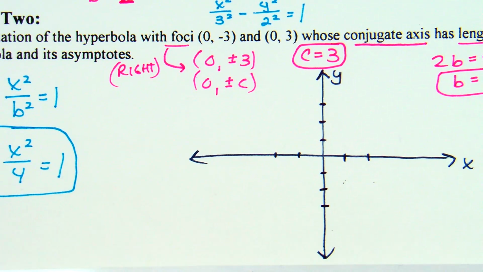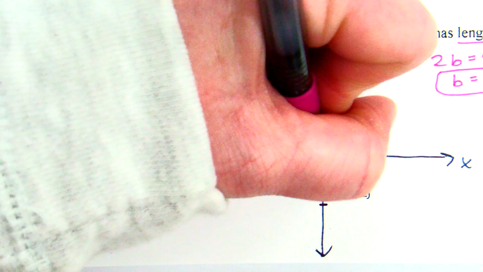So I'm going to count up 2.23, 2.2, whatever, and I'm going to count down 2.2. I'm going to label that as A. Now, while we're at that, those represent, and I should have put on there, vertices. So my A values are my vertices.